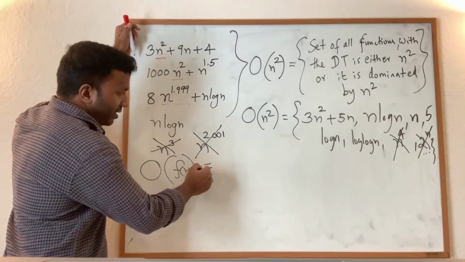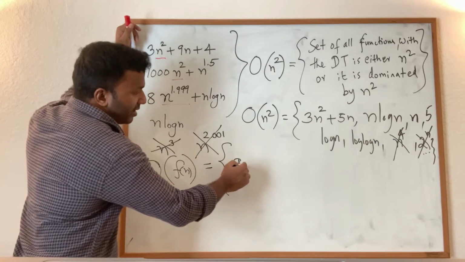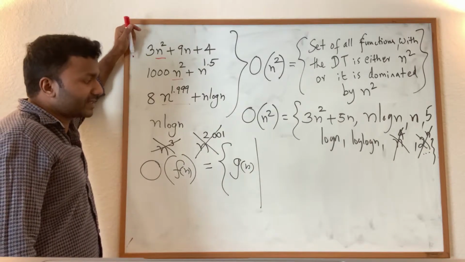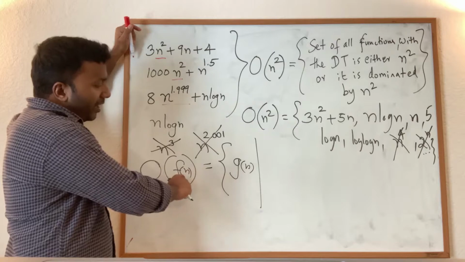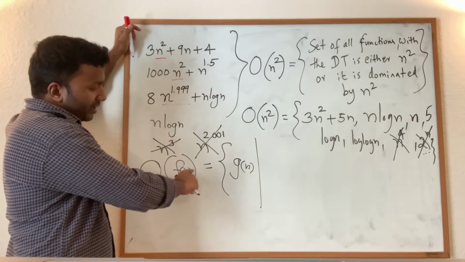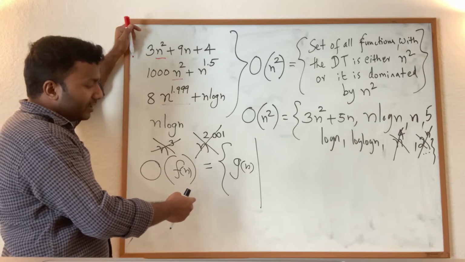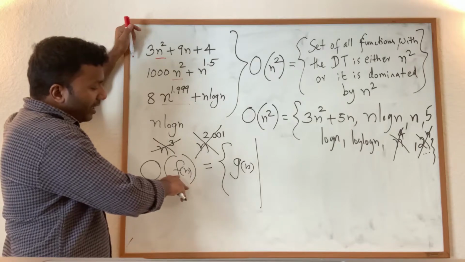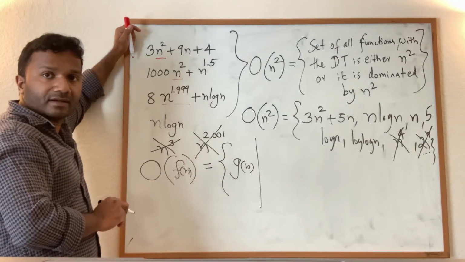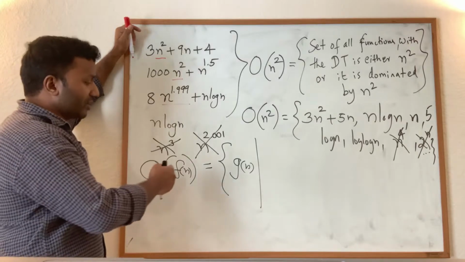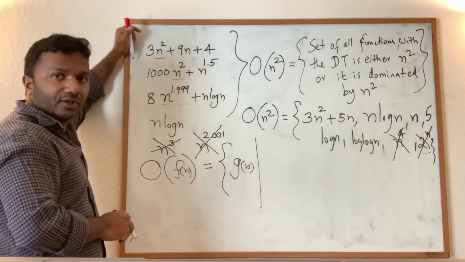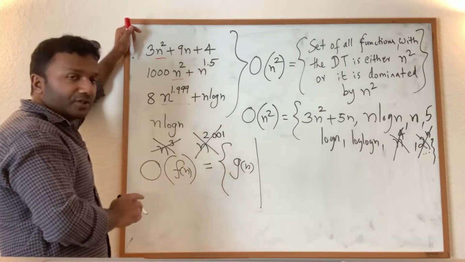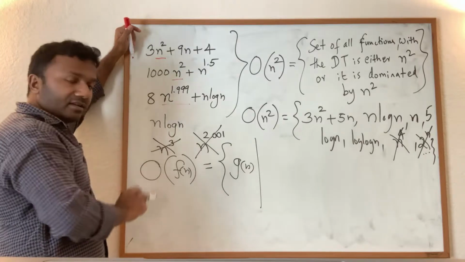Big O of f of n is the set of all functions g of n such that, when n tends to infinity, f of n and g of n are the same, or the dominating term of g of n is equal to f of n, or the dominating term of g of n is dominated by f of n.